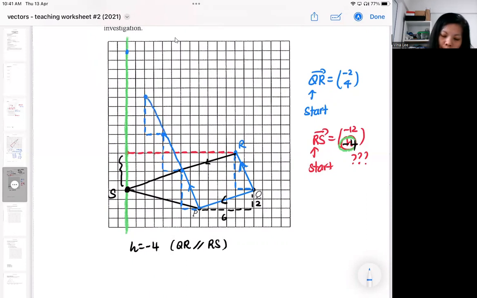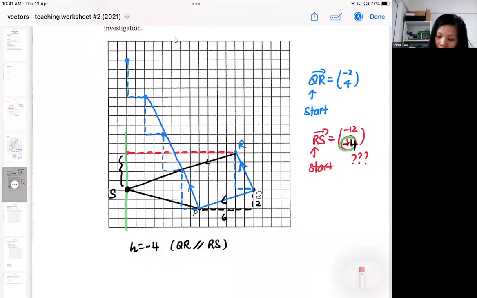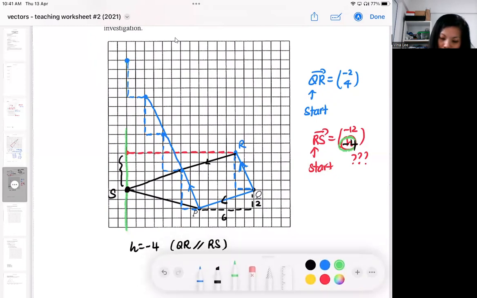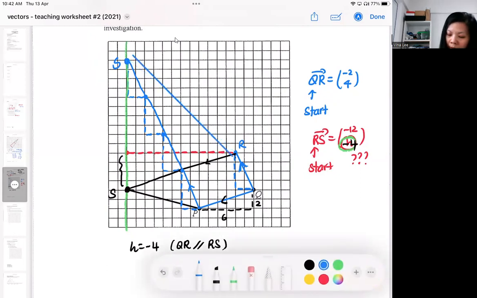You get another parallel vector. You count another 2, 4. You get another parallel vector. So this will be the position S. And this is the other parallelogram. The blue one is another parallelogram. The iPad pencil is not straight.